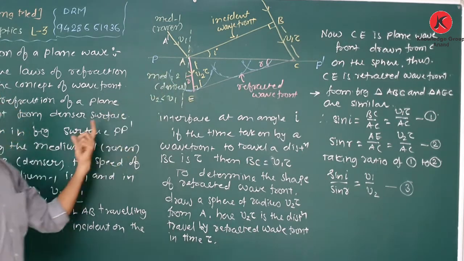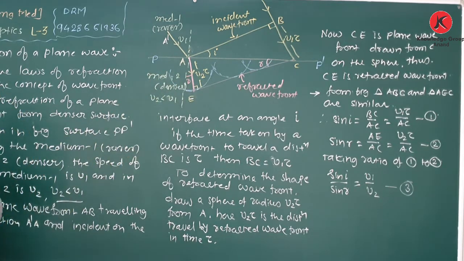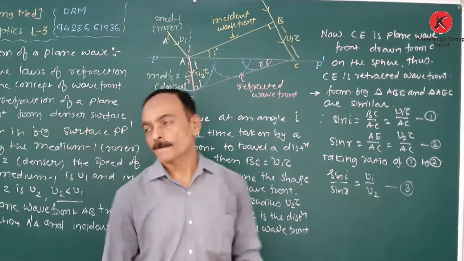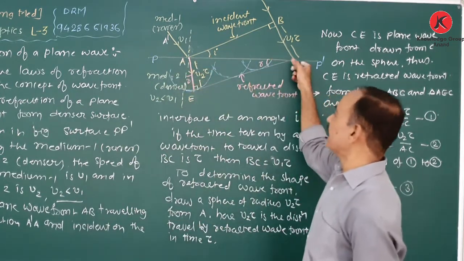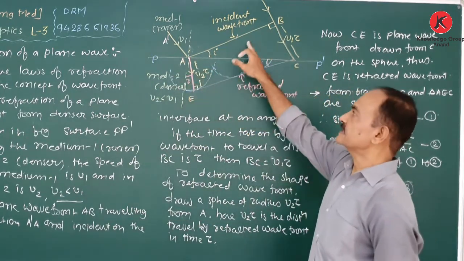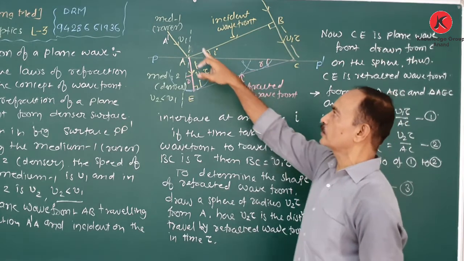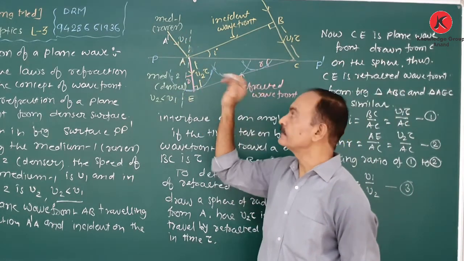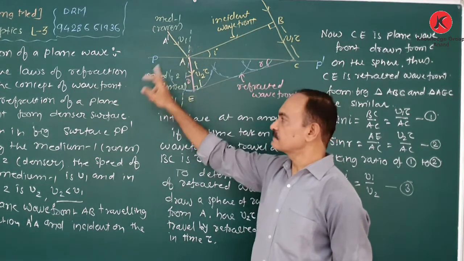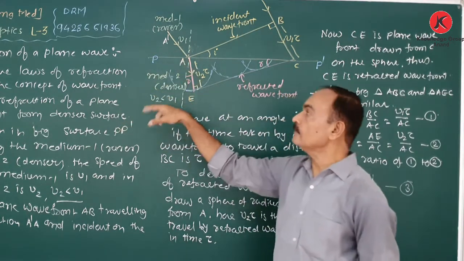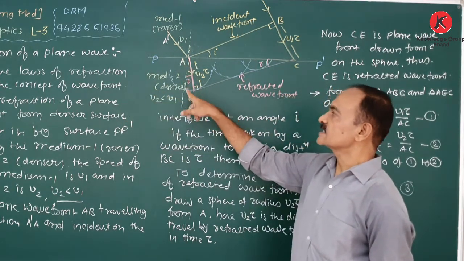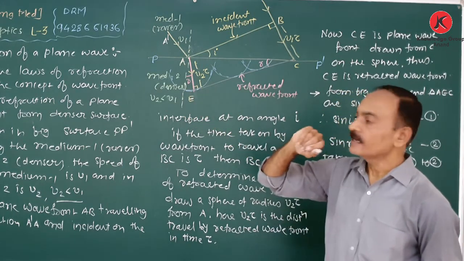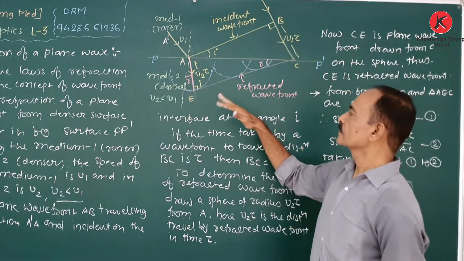in the beginning, these theoretical points describe the figure. In the figure, PP dash is the surface separating medium 1 and medium 2. Medium 1 is the rare medium, medium 2 is the denser medium. V1 is the speed of light in medium 1, the rare medium, and V2 is the speed of light in the denser medium.